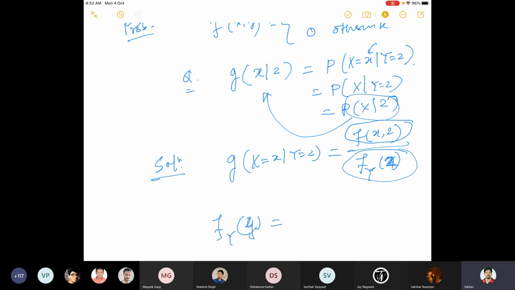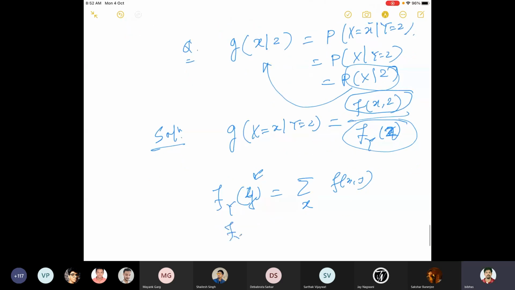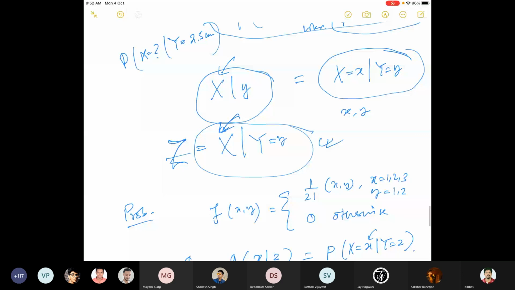If this is any y, then what do you do? This is the sum over all x of f(x,y). Okay, but this small y is equal to 2 here. So this marginal distribution is over all x, f of x,2. So x here is 0 except 1, 2, 3.